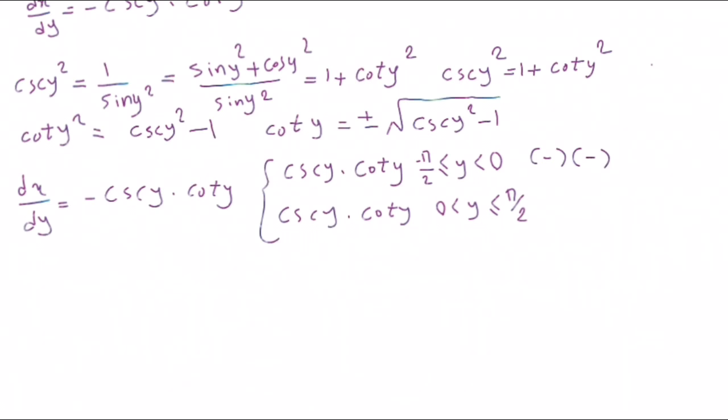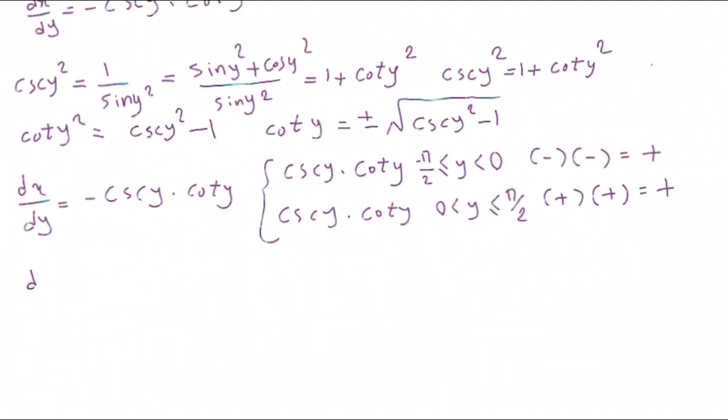So the result is positive. And when y is between 0 and pi over 2, cosecant y is 1 over sine y, which is positive, and cotangent y is positive too. So the result is positive.